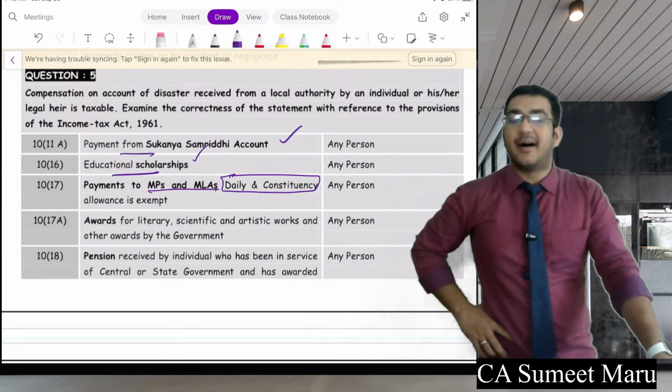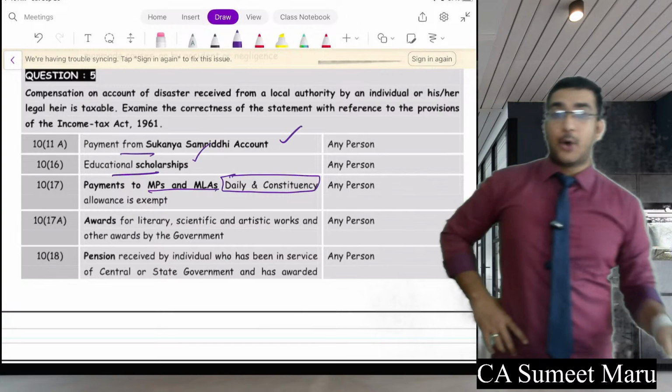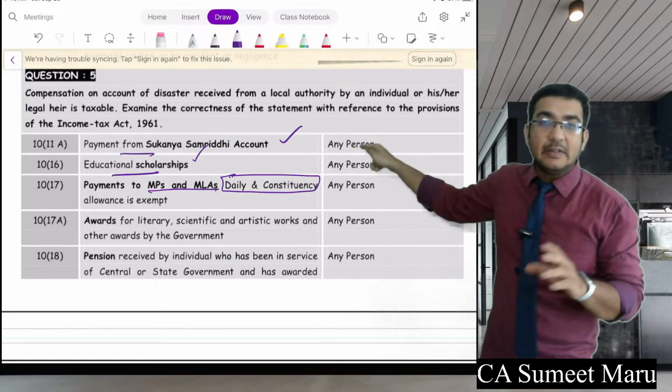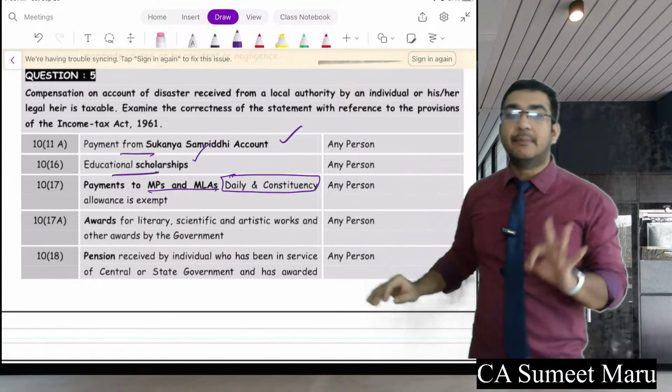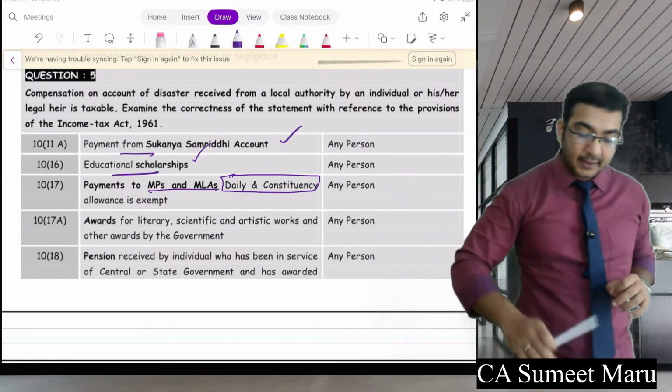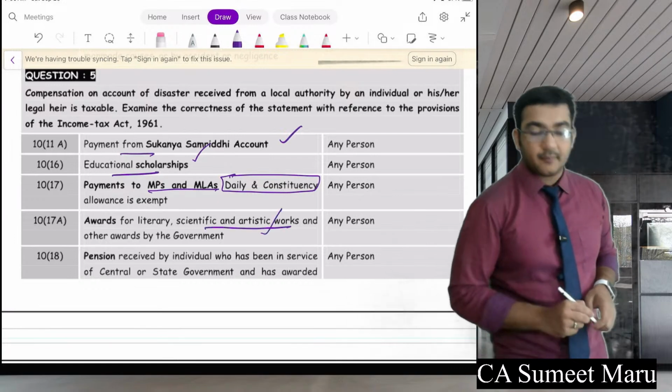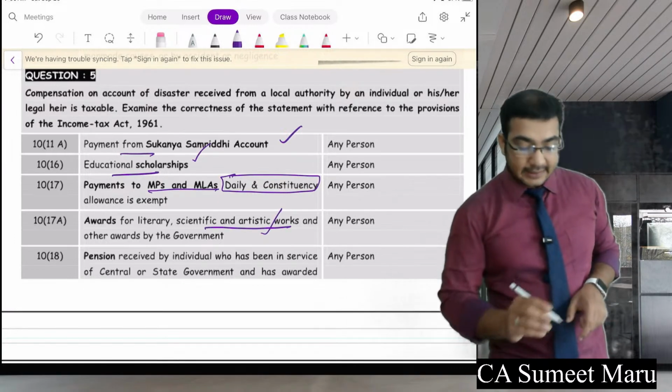Yes, very good, Bhumika. It's taxable in the IOS, but in that as well, if there is any daily and constituency allowance, that is absolutely exempt. Please remember this. Further, awards for literary, scientific and artistic work by the government are exempt.